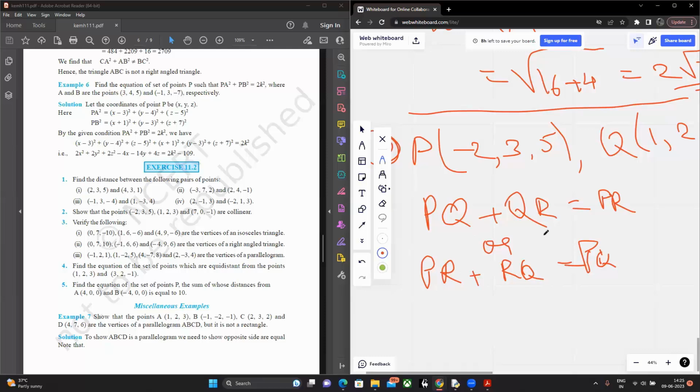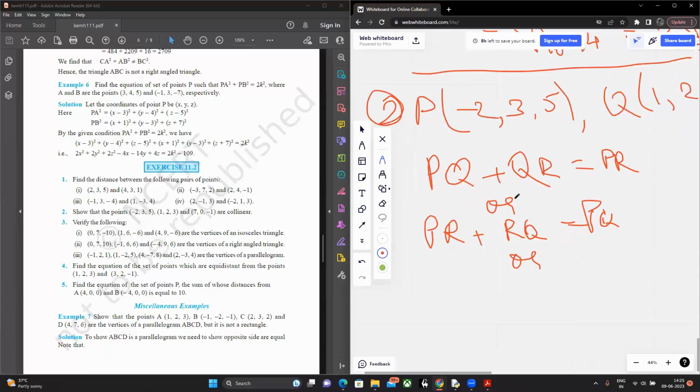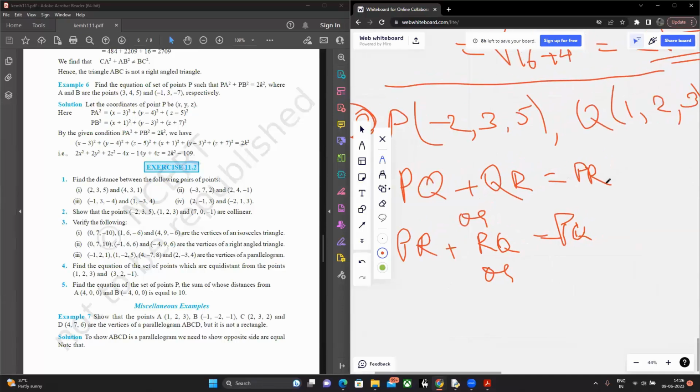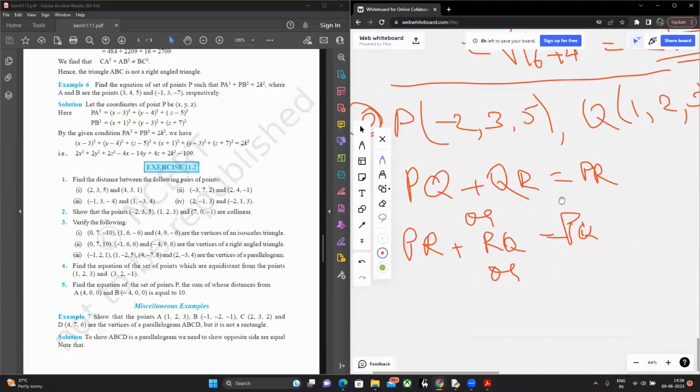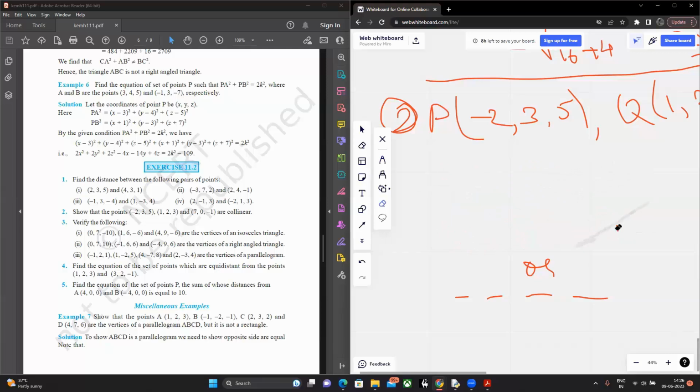Because we don't know which side is going to be the maximum length. So we have to show that any one of these three conditions holds, right? So basically the maximum of everything is going to be over here. For the other two, we show that the sum of the other two is equal to the maximum of the three sides, right? That is what we want over here. That is the theory behind the question, right?